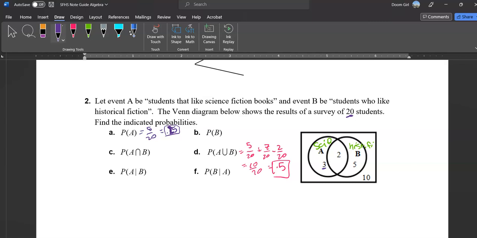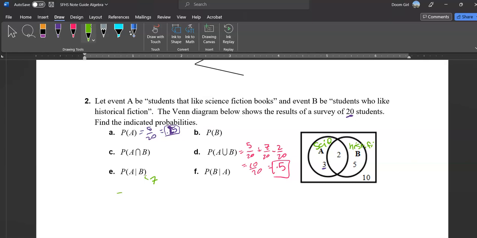What about probability of picking A given B? Ooh, this one's going to be fun. So let's do this one. We already know that on this one, we're not using the total of 20 anymore. We're using the total of B. And my total for B is 5, 6, 7. I've got 7 people. So I'm going to write that down right there.